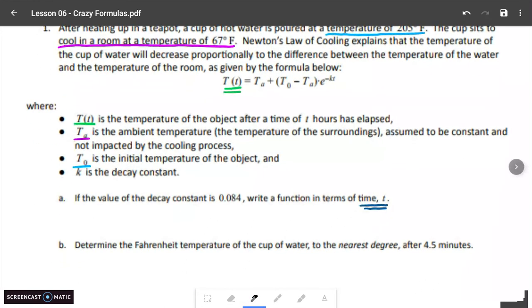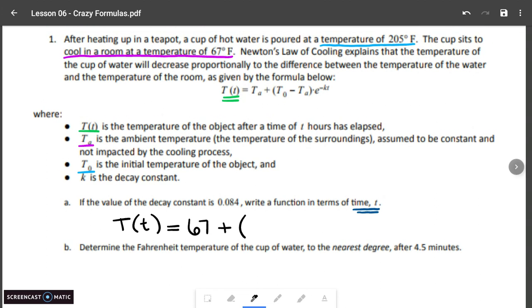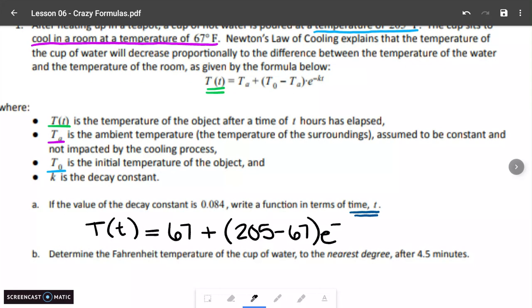So when I go to plug in, T of t equals, T of A we said was 67, plus, we had the initial amount, subtract that constant room, don't forget that's a negative, and then we'll have our 0.084t.